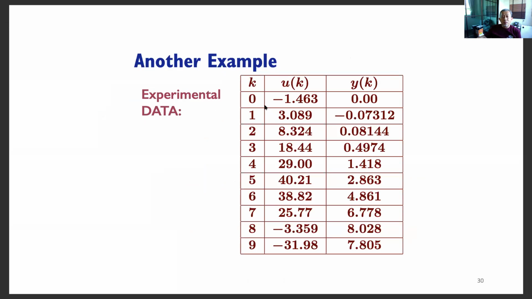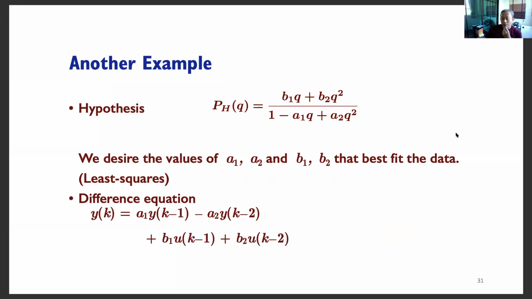Here we have about 10 data points of u and y. The hypothesis of the second order model is shown here, B1 q plus B2 q squared over 1 minus A1 q plus A2 q squared. The parameters under calculation are B1, B2, A1, and A2.